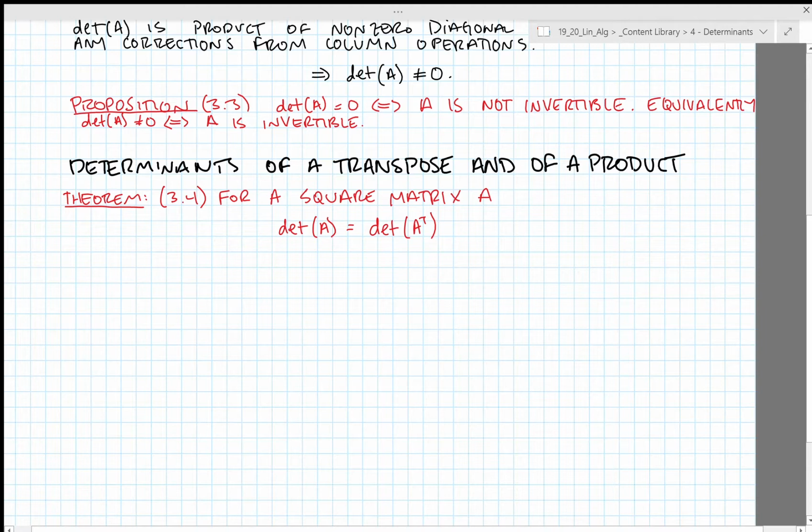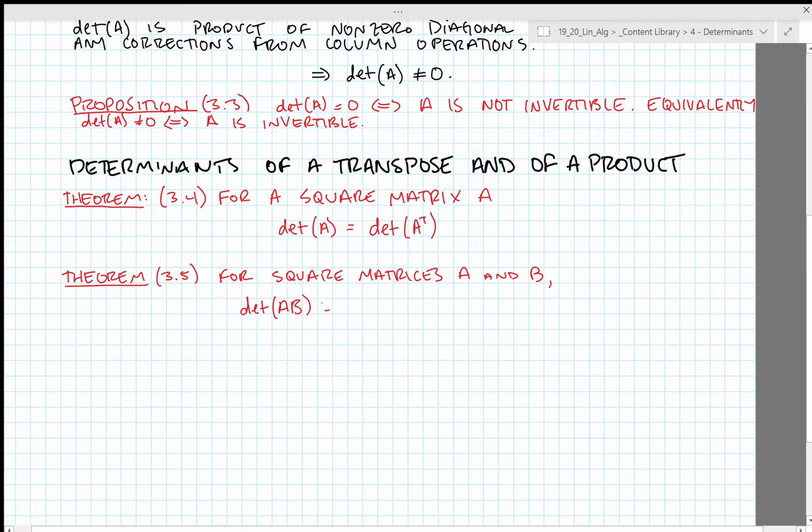We can actually prove a couple of things at the same time if we get out the next theorem. The last one is 3.4, so we'll do 3.5, and this is about the determinant of a product. For square matrices A and B, the determinant of the product is the product of the determinants.